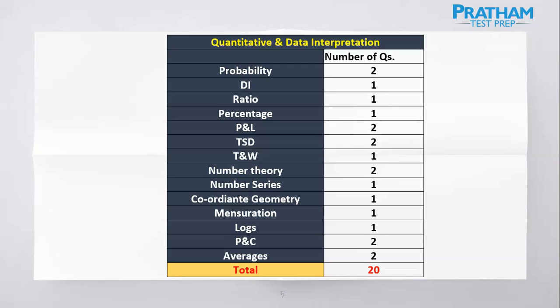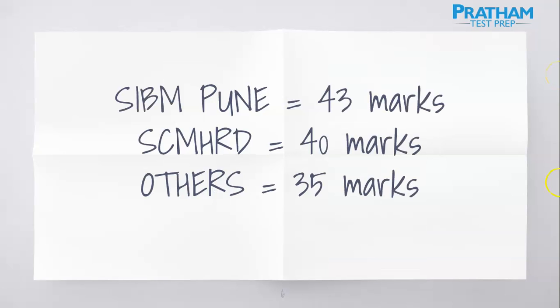Having said this, we would say that the paper was easy for all the students who were prepared for it, and for all the students who knew how to attempt the questions. So all the students who had taken mocks properly and done analysis well would surely have cracked the paper.